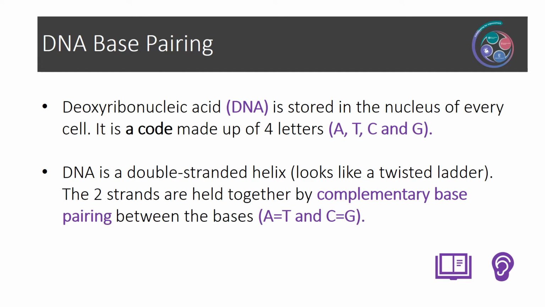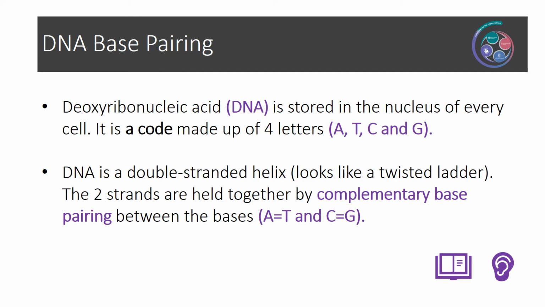The next key area we're going to look at is key area 4 of Unit 1, which is DNA and proteins. We're going to narrow in on DNA base pairing in particular. For background information, DNA is also known as deoxyribonucleic acid and is stored in the nucleus of every cell.